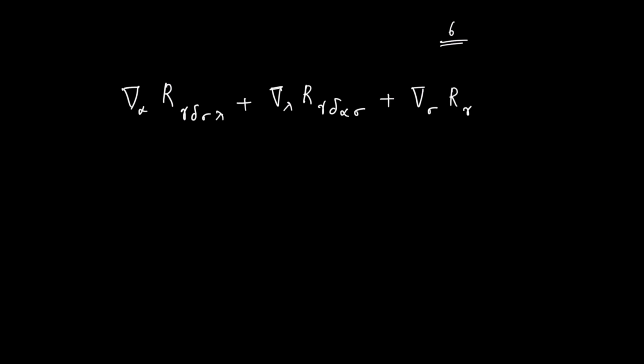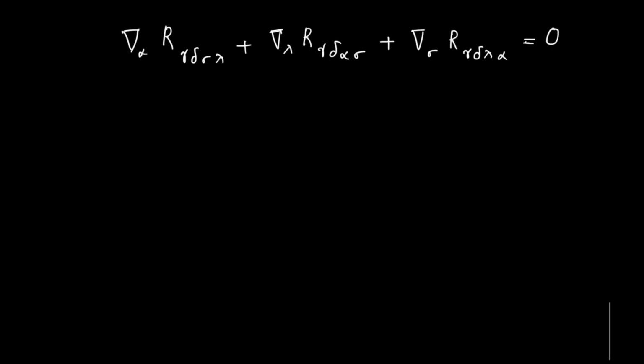In the previous class we saw that the Bianchi identity for the fully covariant form of the curvature tensor is given by: covariant derivative of R gamma delta sigma lambda, plus covariant derivative of R gamma delta alpha sigma, plus covariant derivative of R gamma delta lambda alpha, is equal to 0. So this is the Bianchi identity for the fully covariant Riemann tensor.